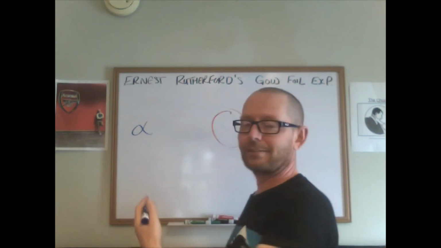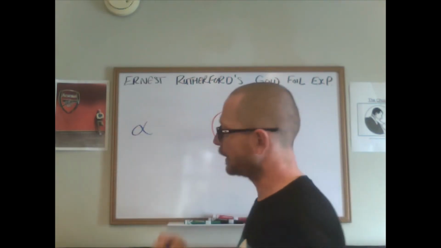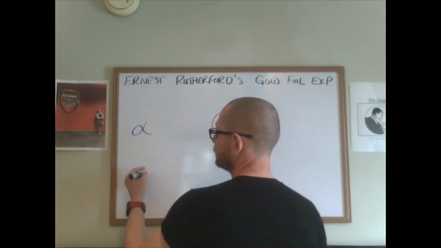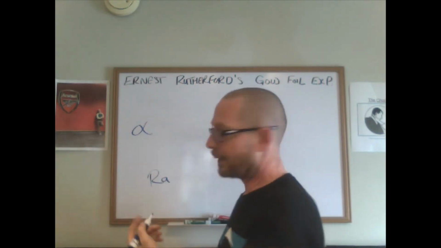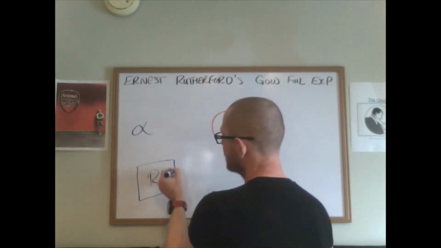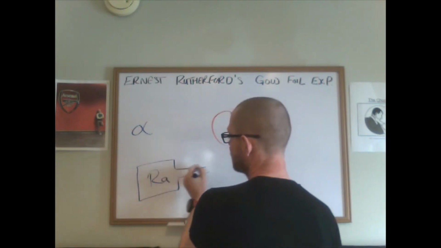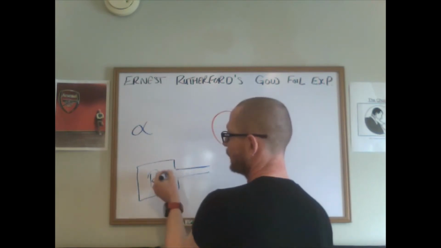What that means is you get a chunk of something that gives off lots of alpha radiation, like radium. You get a little bit of that, and then you encase it in lead. Then you put a tiny little hole in that lead casing, and you extend the lead a little bit more, and you get yourself an alpha gun.